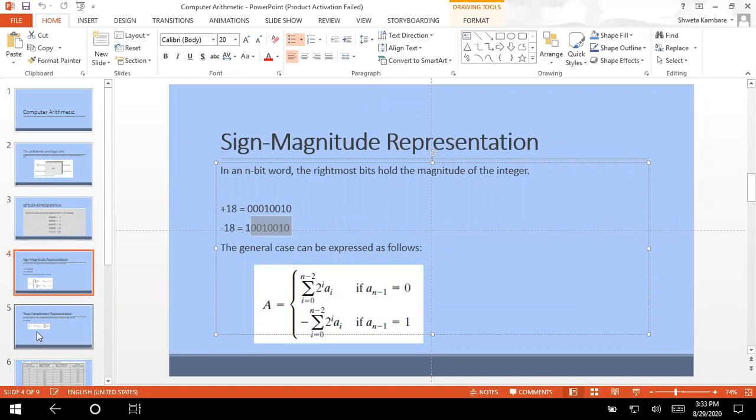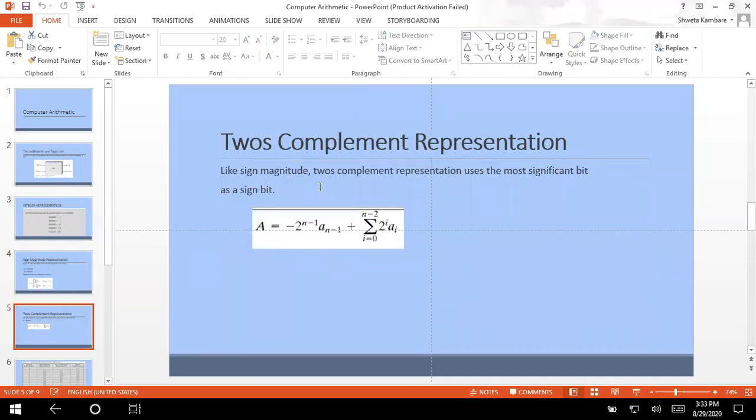Another method is two's complement representation. Again, it's like sign magnitude. Two's complement representation uses the most significant bit as a sign bit.